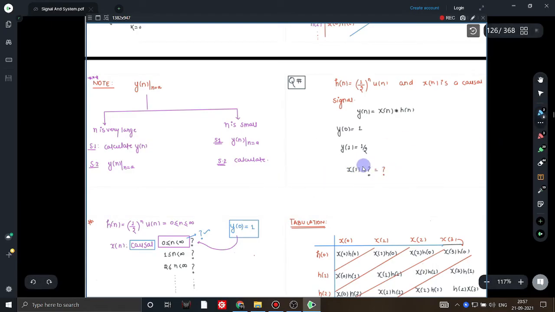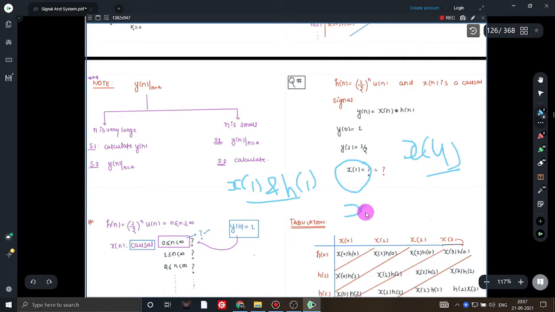If the question is asking for x at 1, we make the table till x1 and h1. And if the question is asking for x4, we make the table till x4 and h4.